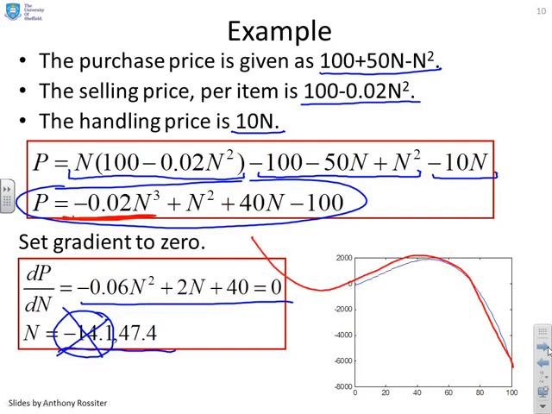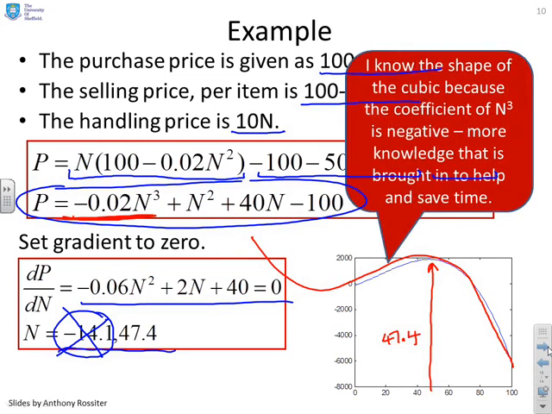And therefore I can see straight away that this point here at 47.4 must be a maximum, not a minimum. I don't need to go to the second derivative information, and that's what I'm emphasizing there. So I can save myself a certain amount of time by applying general knowledge to this problem, bringing in other information. So there we are, second derivative is not needed. I can see the 47.4 is where the maximum occurs.